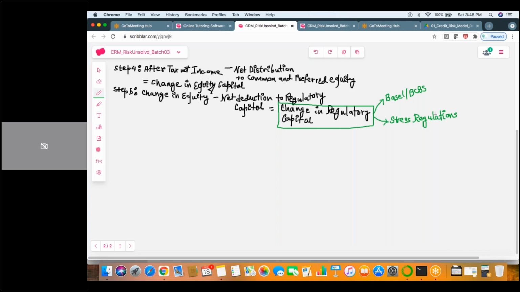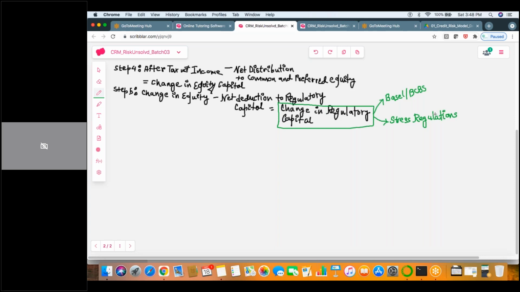So on one side, I have the Basel BCBS regulations, those are the capital adequacy norms, and over here we have the stress testing regulations. Right? So these are the steps, and then these are the regulations. So basically, this is how the three sets of regulations, the IFRS 9, the Basel, and the stress testing regulations fit in with each other. Right? So this is broadly what the framework is.